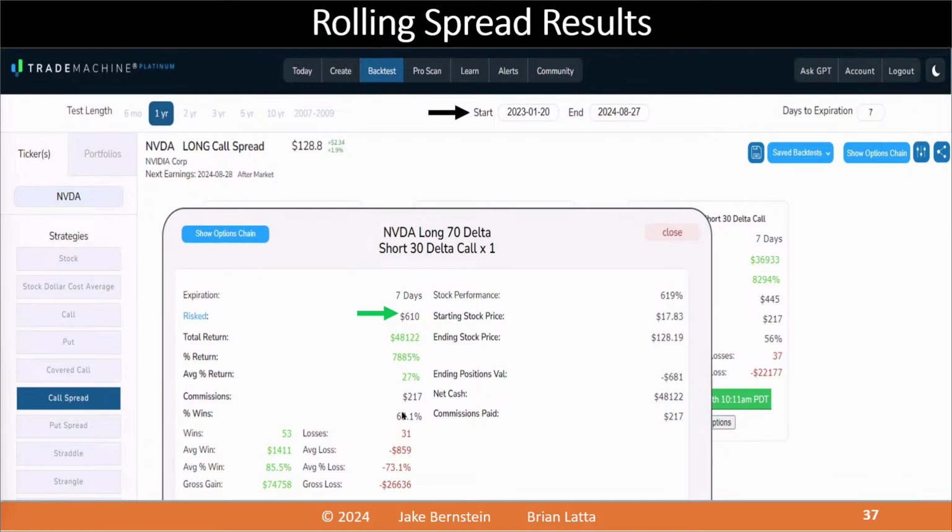The average win rate here is 63%, which at a minimum is a 60% win rate, ideally, as Jake said before. The average win was $1,400 and the average loss $859, giving us 1.6+ profit to loss on a 60% win rate, and those metrics are growth.